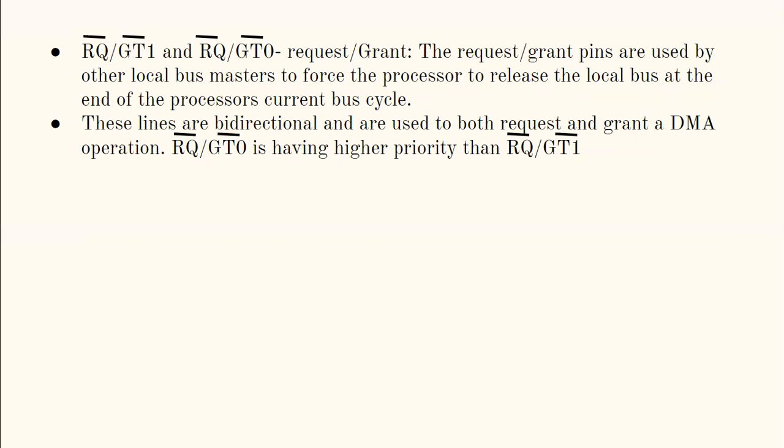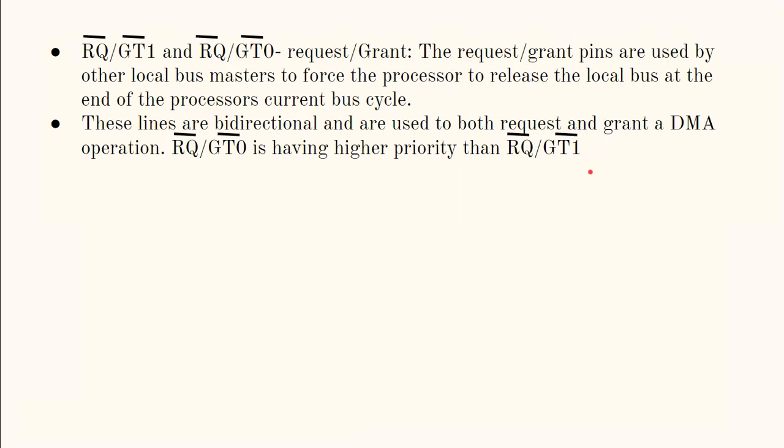So RQ, GT are bidirectional signals, and they both have the same function. The only difference is that RQ, GT 0 has higher priority than RQ, GT 1.